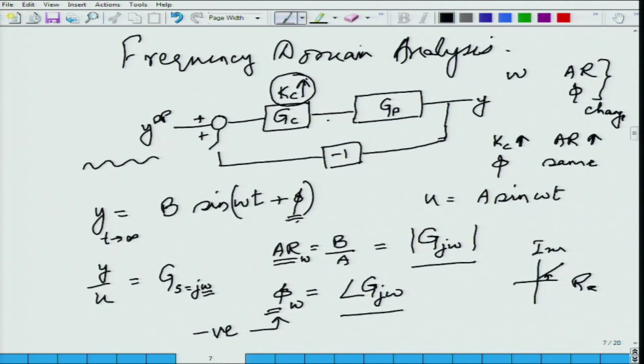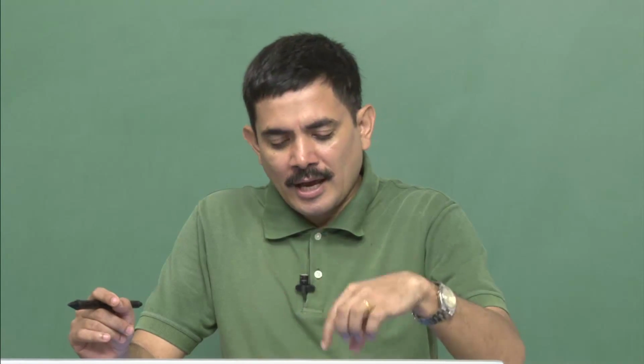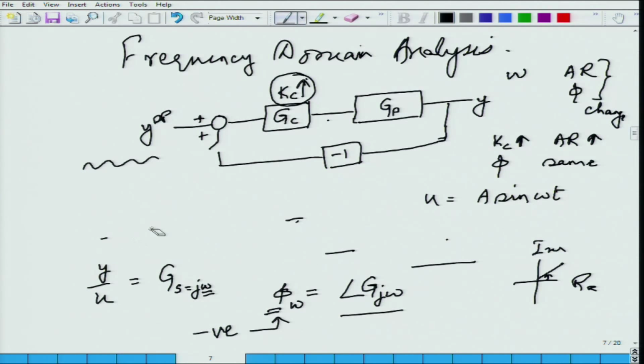Okay. Now, let us say I am changing the frequency, and usually the phase lag is a negative angle. I am changing the frequency of the forcing sine wave, the set point, and I get that frequency at which the phase is minus 180 degrees. So, maybe I can just rub all this off because this slide remains relevant.